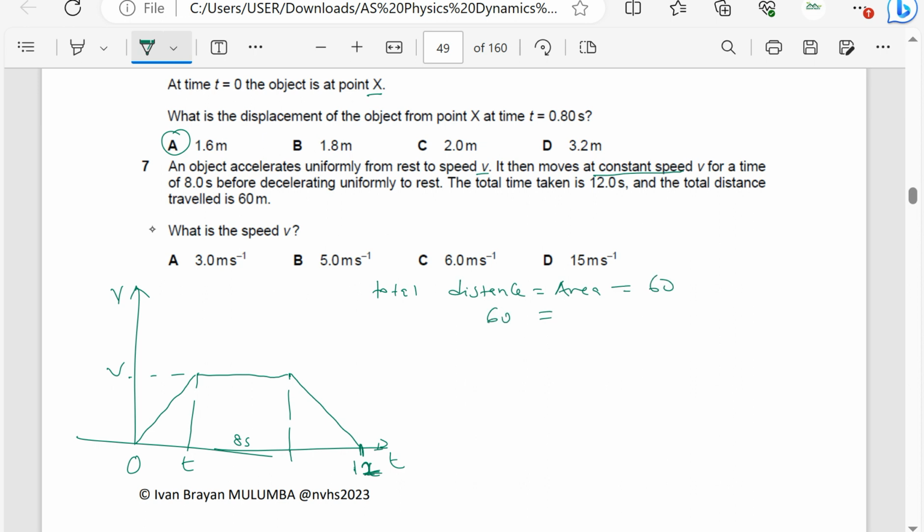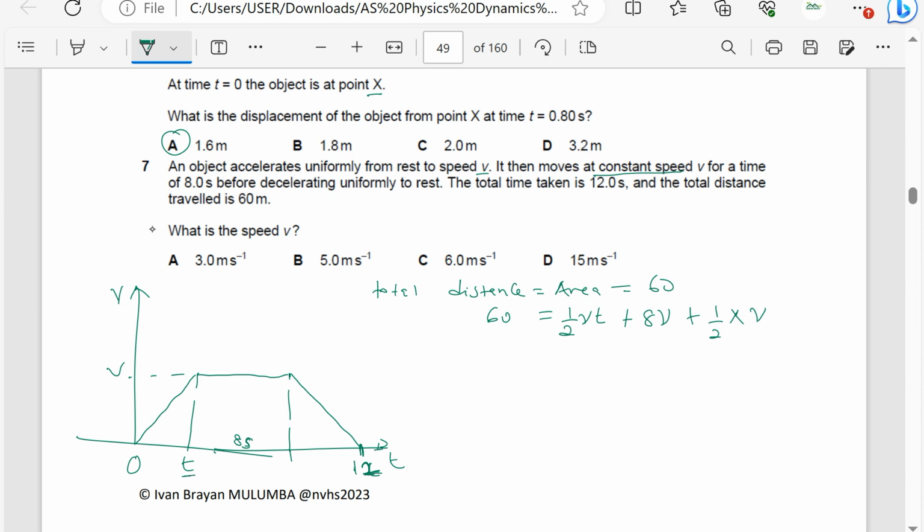So we shall say that 60 equals the area. The first part is a triangle, which is a half times v times the time t, plus the second part is a rectangle, which is 8 on the x-axis against v, so it is 8v, plus the last part is a triangle, which is a half times v times its time.